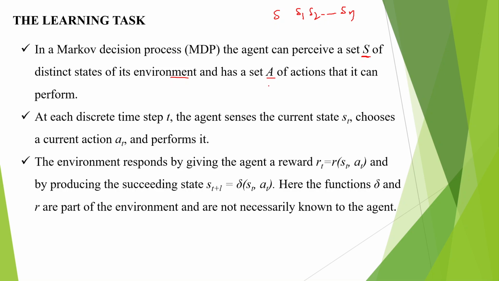So at each discrete time step, the state change and action selection depend on time, because the agent cannot perform multiple tasks at a time, isn't it? The multiple actions at a time. So the agent can perform any one action at any particular time, and that action will result in the agent going into a different state of the environment.